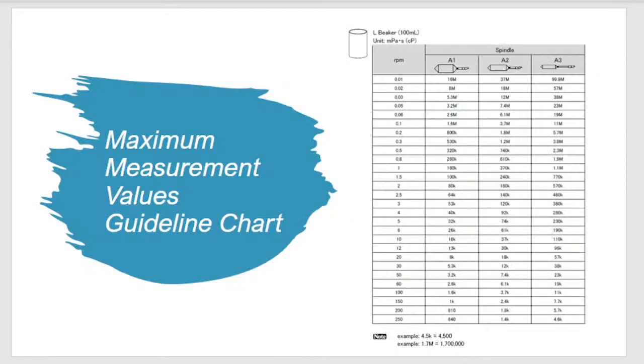Also, depending on the viscosity range of your product, you're gonna have to combine the containers we spoke about here with the spindle sizes and the RPM. You want to get the torque around 20.